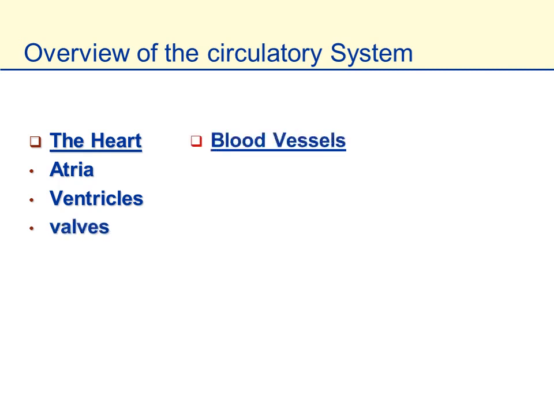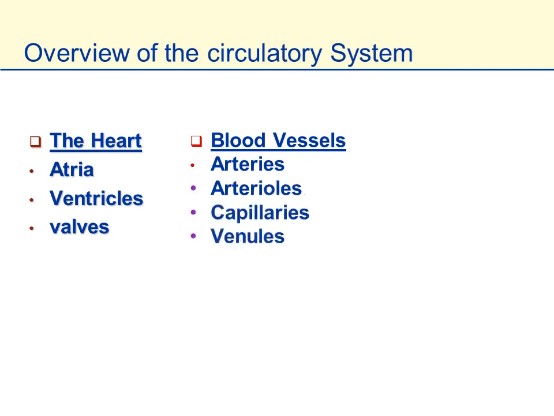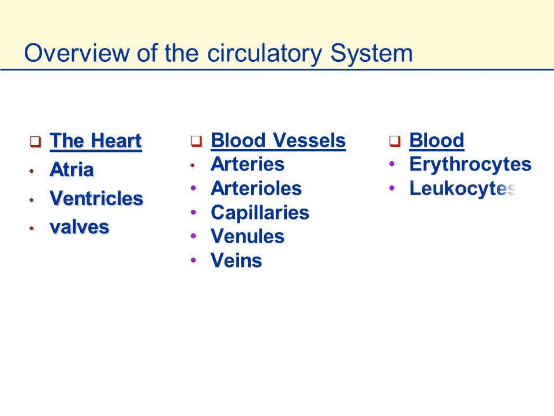The blood vessels are of many types: arteries, arterioles, capillaries, venules, and veins. The blood consists of cells and plasma. Different types of cells: erythrocytes كرات الدم الحمر، leukocytes كرات الدم البيض، platelets الصفائح الدموية and plasma.